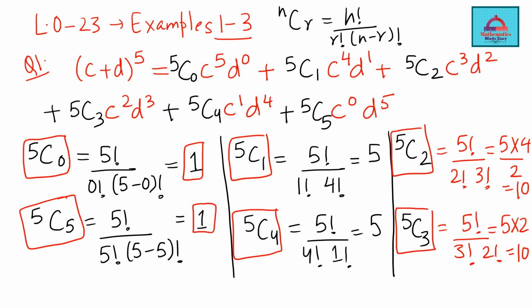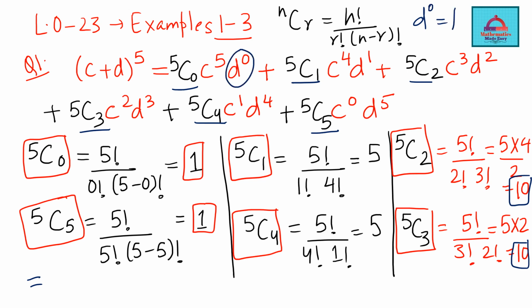Here it is 10, here it is 10. Now we can put in place of these combinations the numbers that we have got. In the next step, I will write the final answer here. 5C0 reduces to 1, so this is gone. D to the power 0, remember any variable raised to the power 0 is 1. So this term becomes 1.